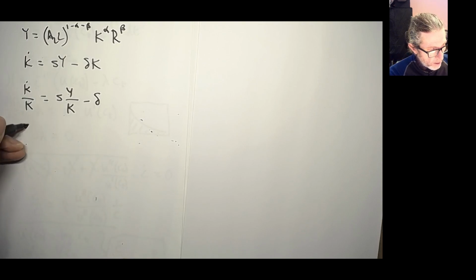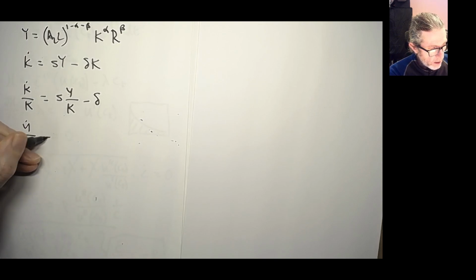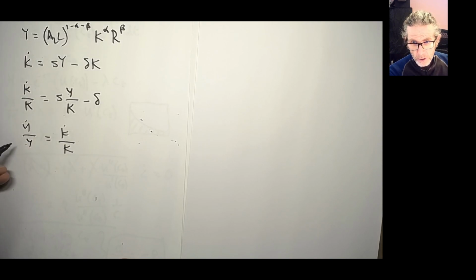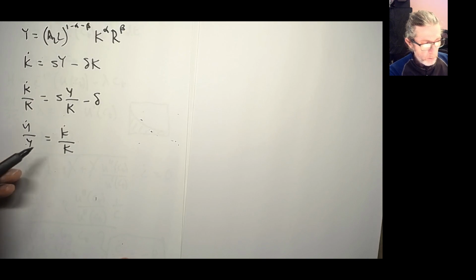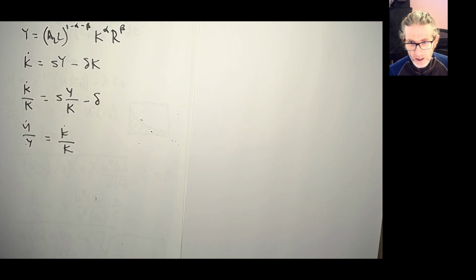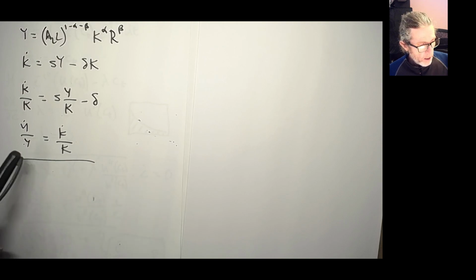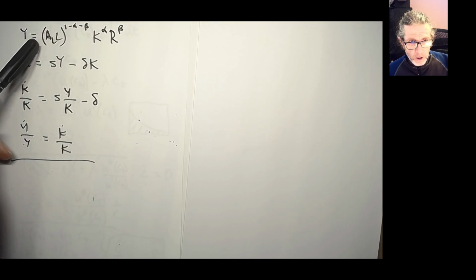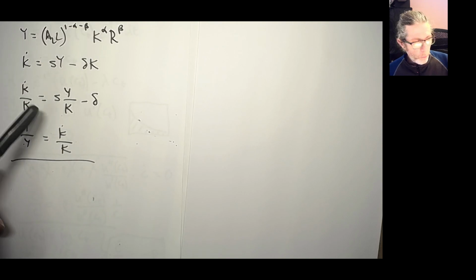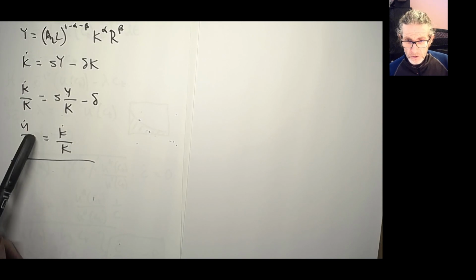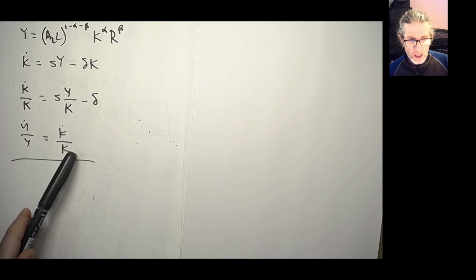So that means that Y dot over Y equals K dot over K. If Y is growing at 3% a year, K must also be growing at 3% a year. So in general, growth rates must be constant on a balanced growth path. Here we see that in this model, for balanced growth we require that Y and K not just have constant growth rates, those growth rates must be equal.